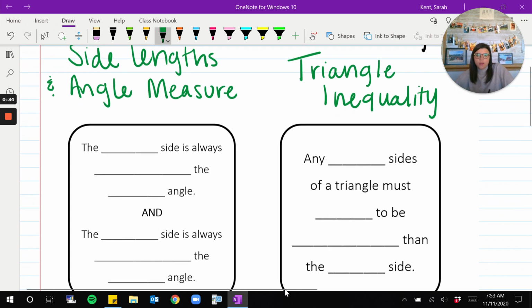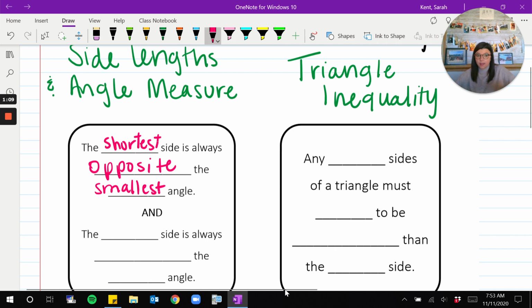And so what this tells us is that the shortest side is always opposite the smallest angle.